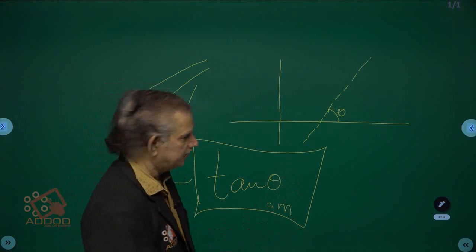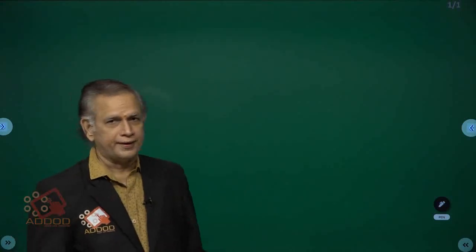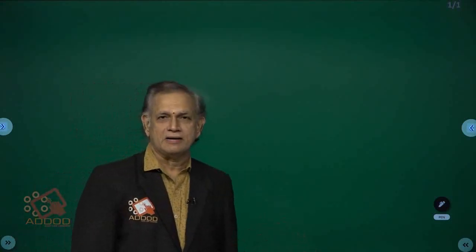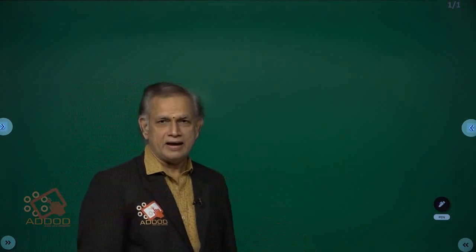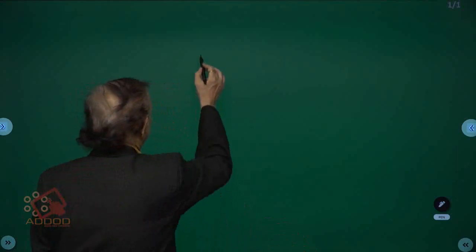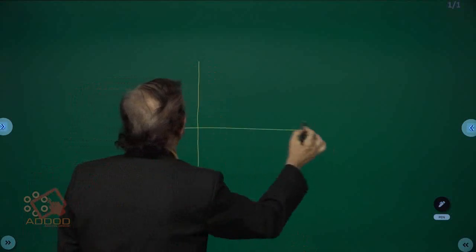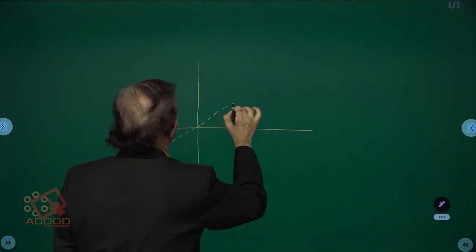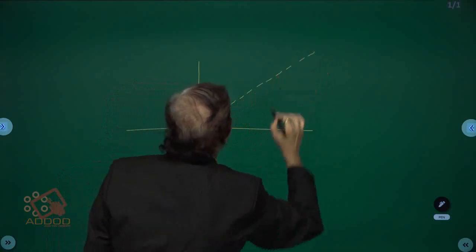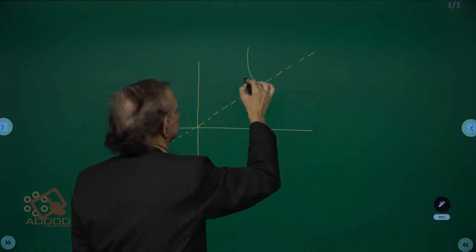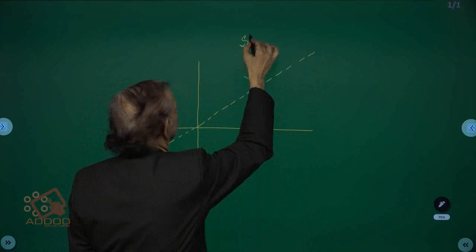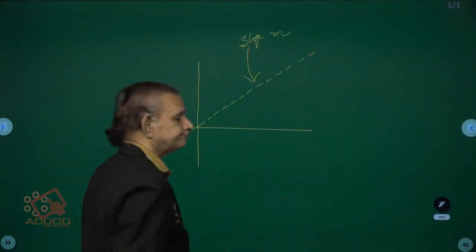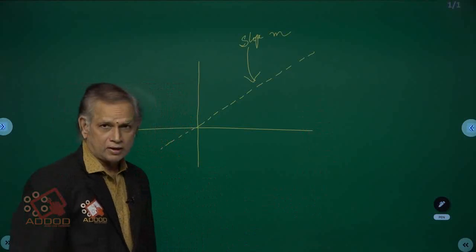Okay, good. We shall now remember equations of different forms of straight lines. Out of them, the first form, you can understand by looking at the diagram.